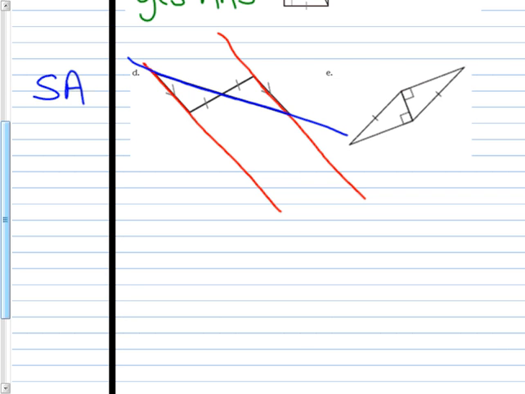So here are my parallel lines in red, and I've drawn the transversal in blue, okay? When I intersect parallel lines with my transversal, I create all of these angle pairs. I am looking right here, and by creating my angle pairs, right here and right here, I have formed alternate interior angles.